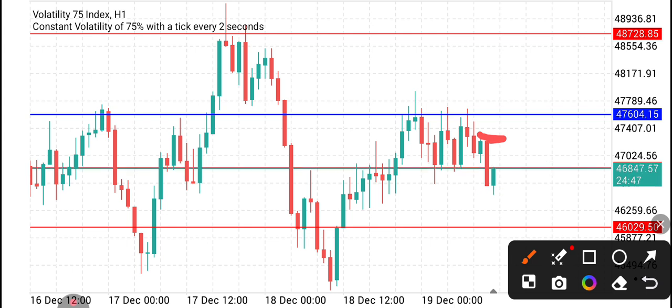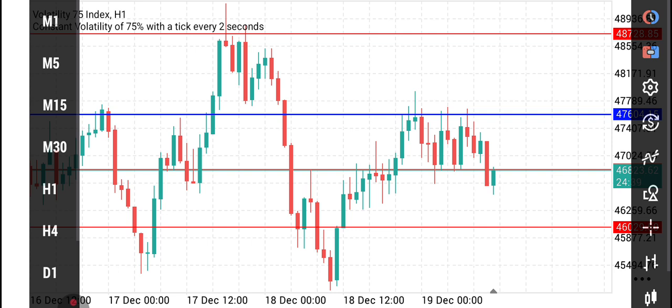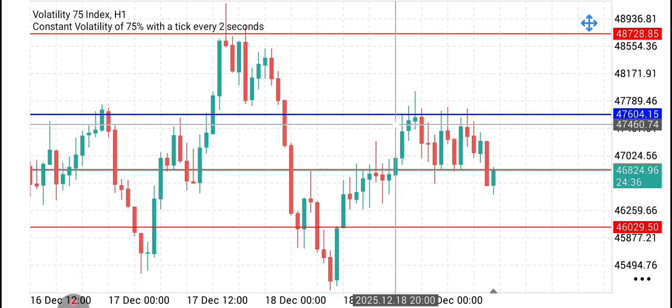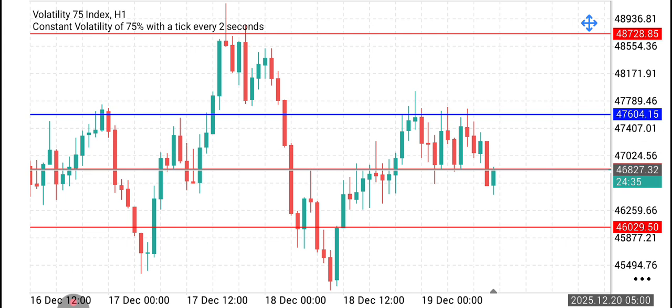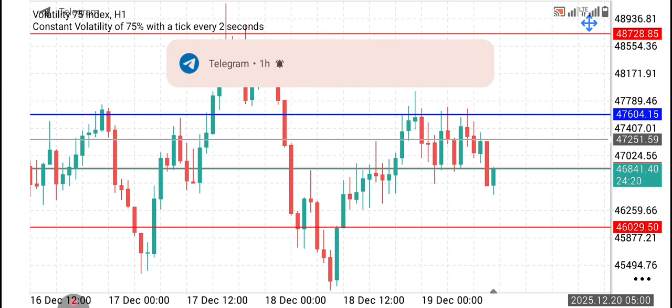Analyzing this in a systematic way like this helps to give us details about the reason why we're entering the market, so that we can calculate our money management so well. If you look at this very well, entries can be targeted at 4725.1. It's like an instant entry, because the current entry price is 46841.40.